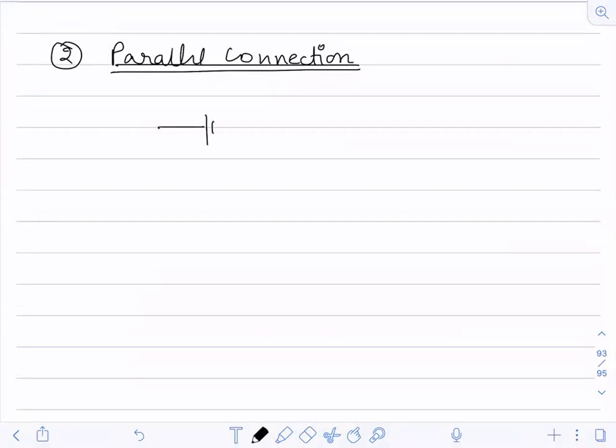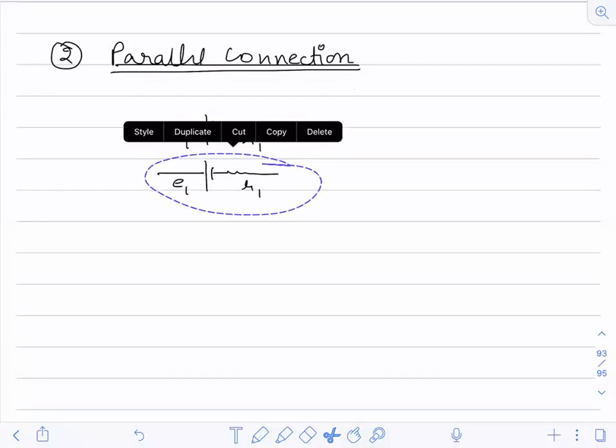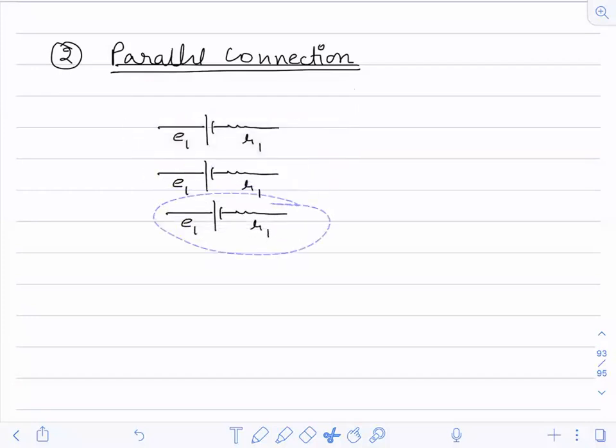Suppose this is a cell with its internal resistance. Suppose this is E1 and this is R1. Similar to this, I'm having one more, E2 and R2, and another, E3 and R3.